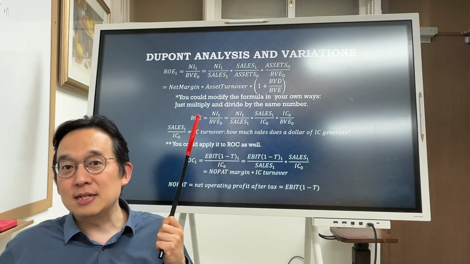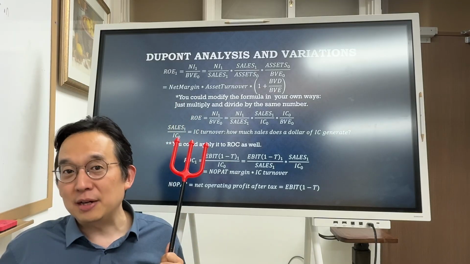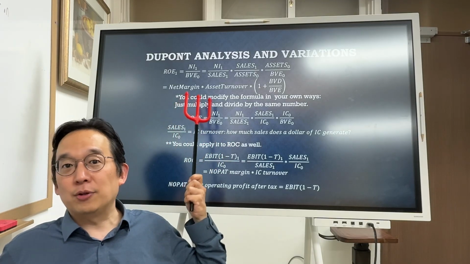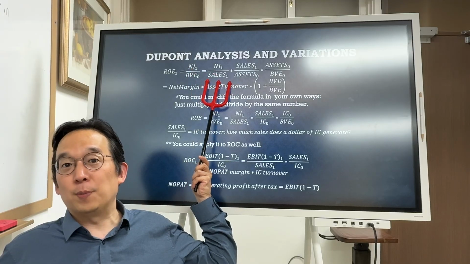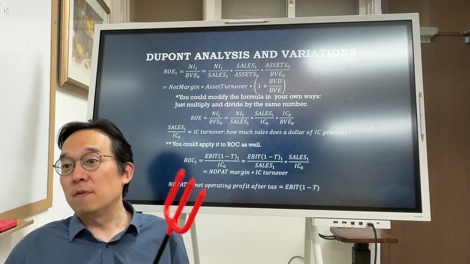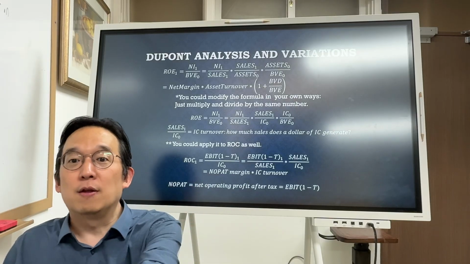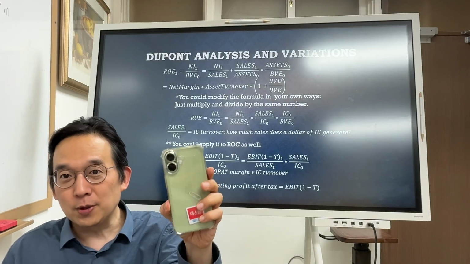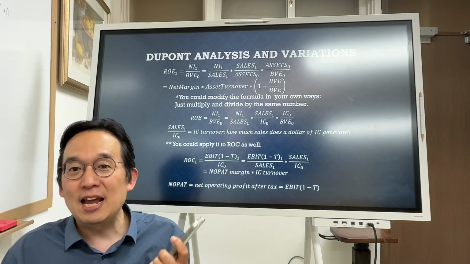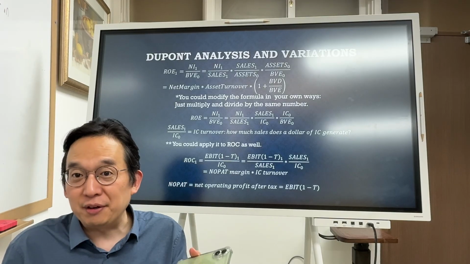So Dupont analysis gives you a better idea about where this comes from. As it turns out, the first element in your Dupont analysis is net margin. For the same sales amount, you sell the same phone, for each dollar of sales, how much net income does this generate?